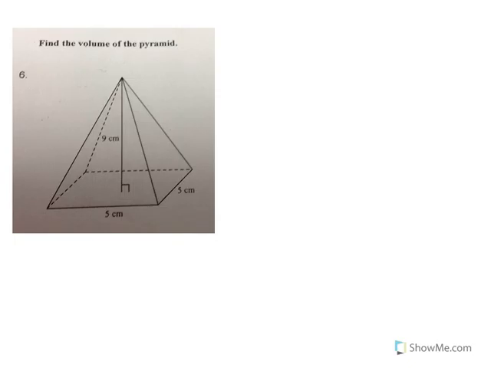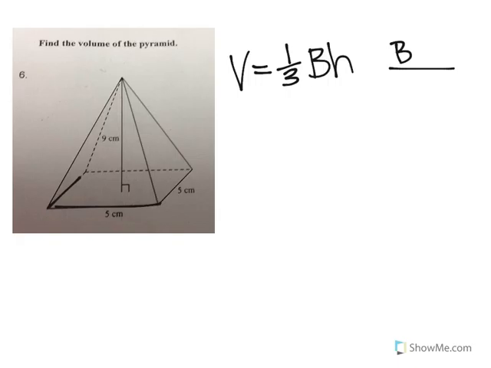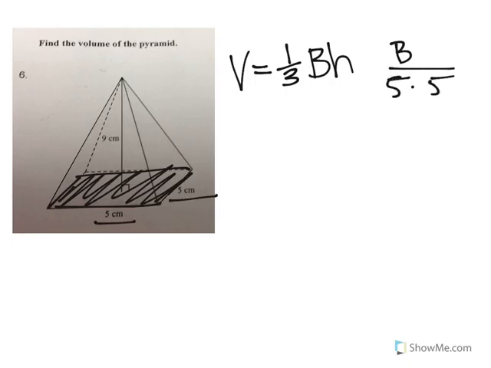Alright, number 6, it says find the volume of the pyramid. If you recall from your pink sheet, the volume formula for a pyramid is 1/3 base area times height. Okay? Well, to find out what big B is, you have to look at your base. Well, looking at this picture, we see that it's a square. The way you find the area of a square is going to be length times width, so 5 times 5.